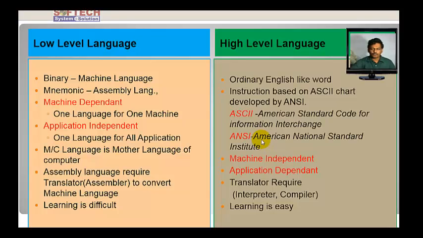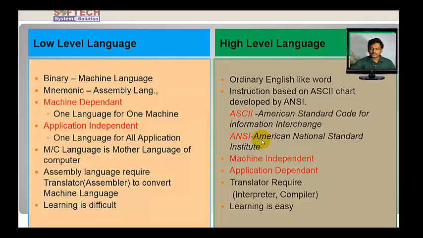That chart consists of 256 symbols that start with 0 and end with 255. Within the 256 it includes capital A to Z, small a to z, numerics 0 to 9, and special symbols like comma, plus, minus, star, blank space, alpha, beta.